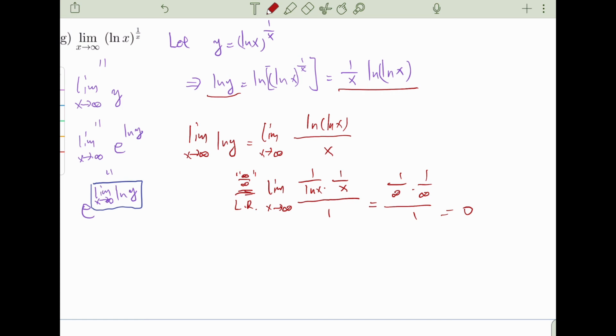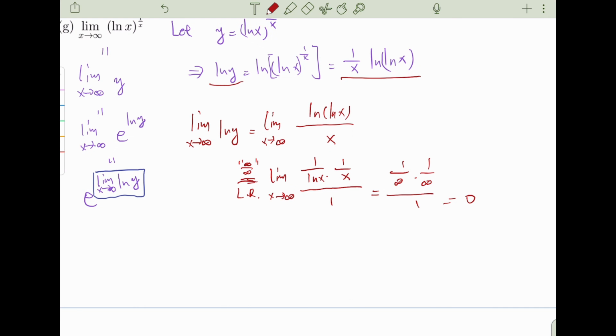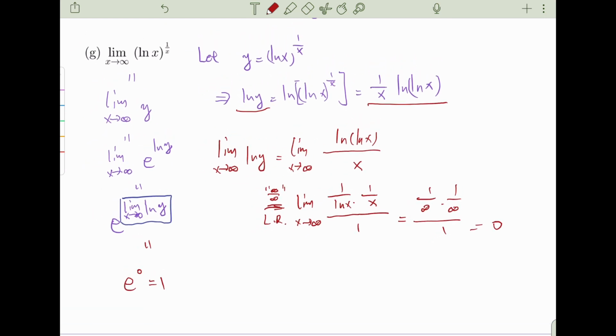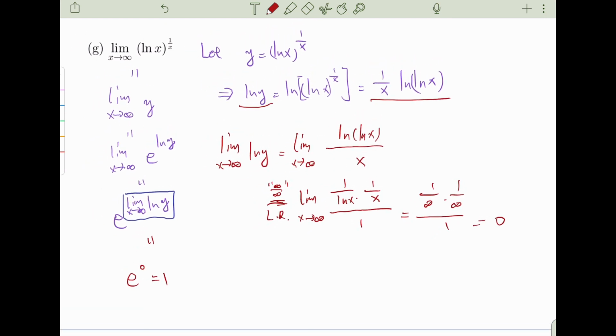So now we have the limit of ln y equal to 0. Right? So this is equal to e to the 0, which is 1. See that? Whenever we have difficulty finding the limit of this expression, we set this to y and take the ln on both sides and do this indirectly. So that is the answer of question G.